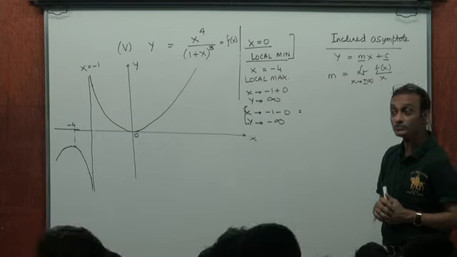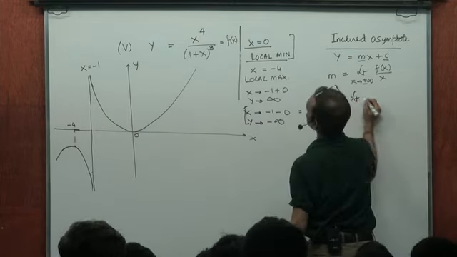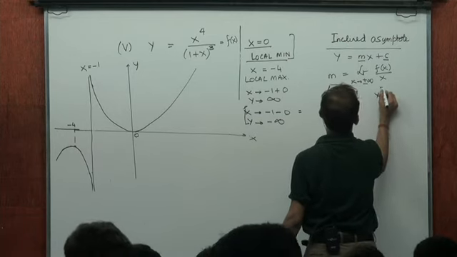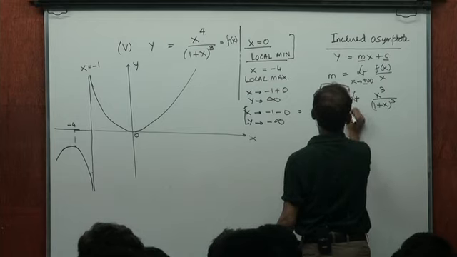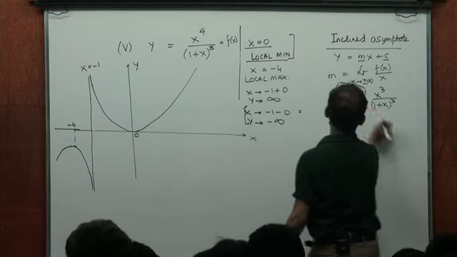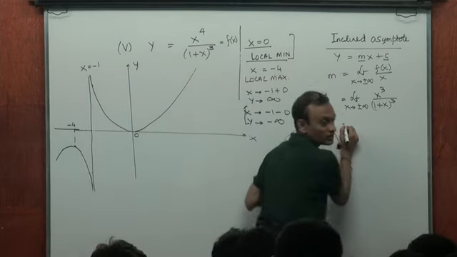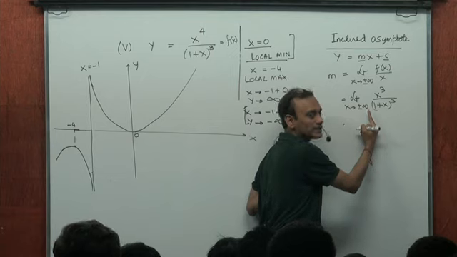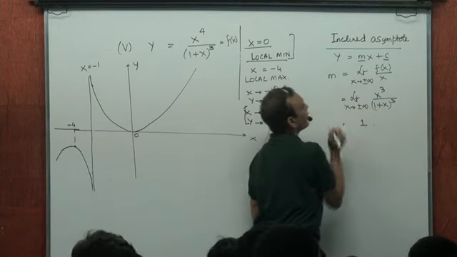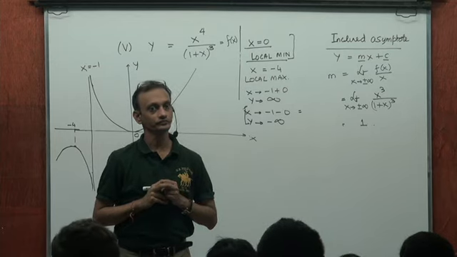That must be the slope. f(x) by x means x cubed by (1 plus x) whole cubed as x tends to plus minus infinity. And what is this limit equal to? 1. You divide by x cubed in numerator and denominator, you will get this limit as 1. So m turns out to be 1.